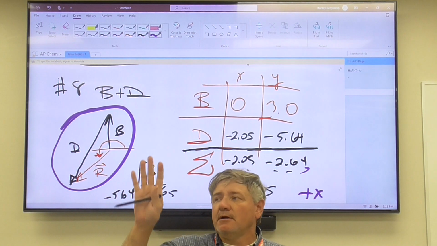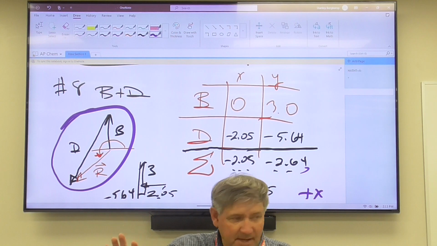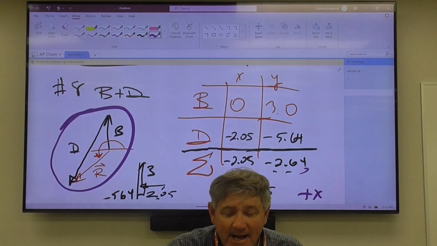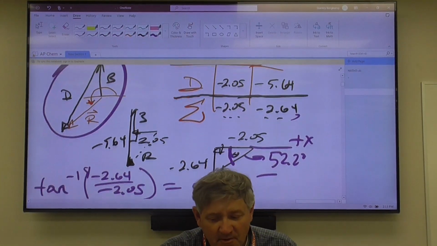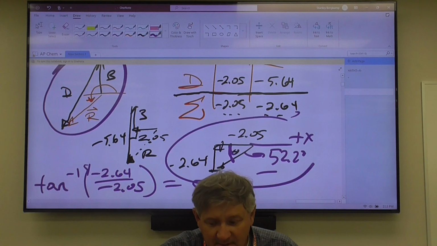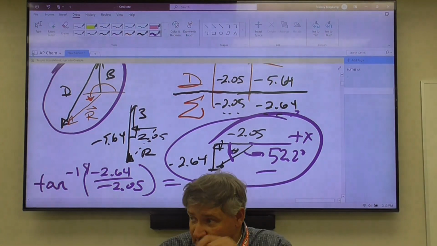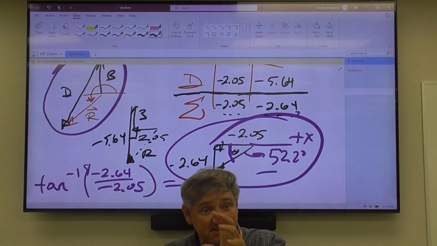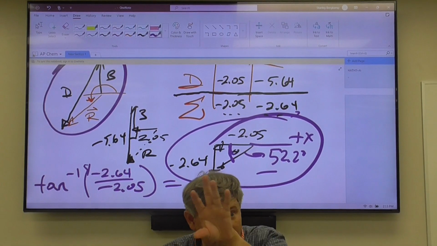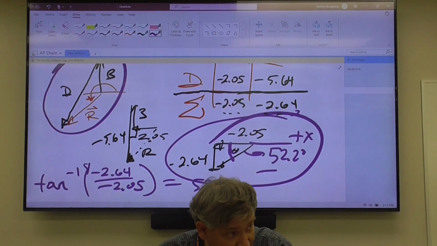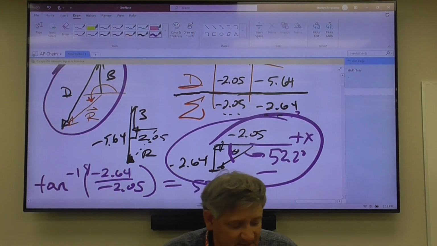I beg you to draw the chart. I strongly recommend that you draw a new triangle once you get those x and y components, because then that shows you what quadrant it's going to be. That'll make more sense.